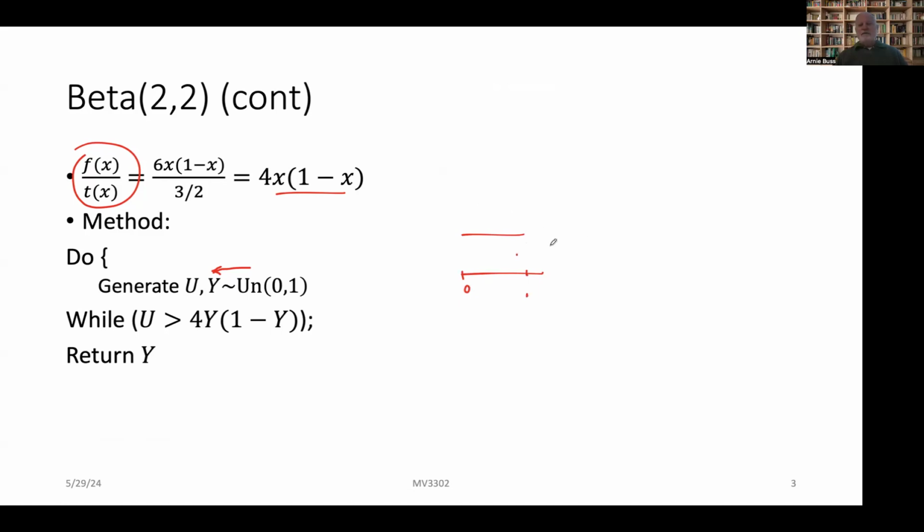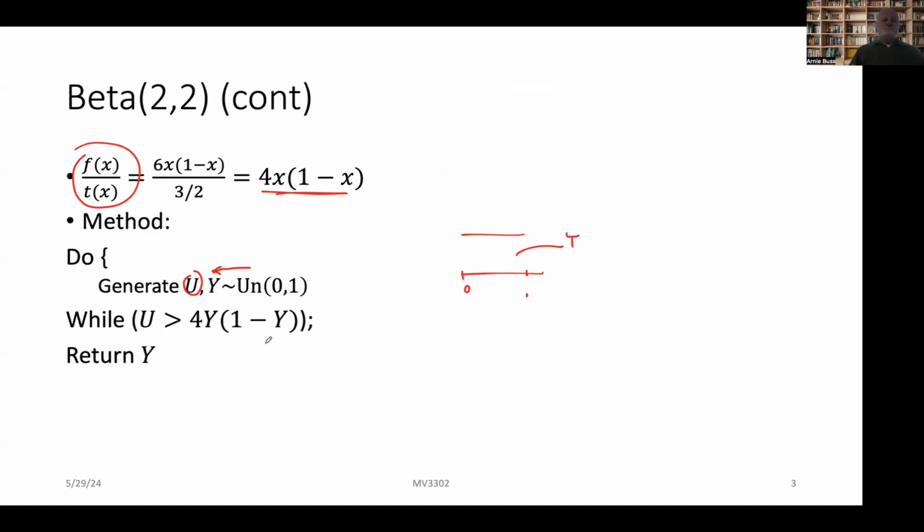So the Y is going to be from this distribution. And then the U is going to be testing whether we accept or we reject. And the way that it works is, we accept if that uniform is less than this ratio when our test random variable is plugged in.